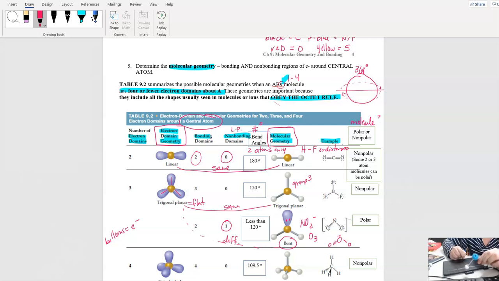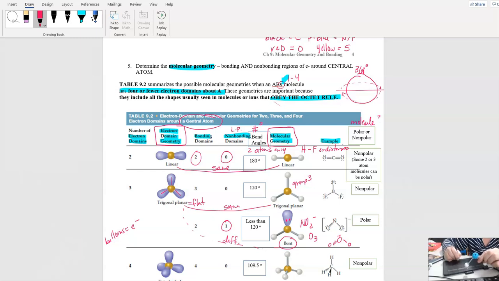So if you're asked on the test, and if I gave you this molecule, ozone or NO2 -1, if I ask you the electron domain name for this molecule, you tell me trigonal planar. But if I ask you molecular geometry name, it's called bent. So pay very, very close attention to which one you're being asked.